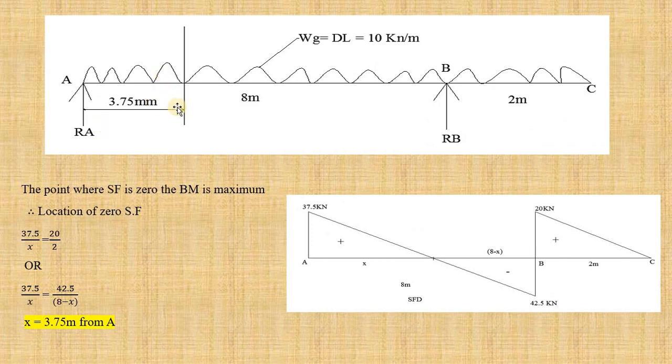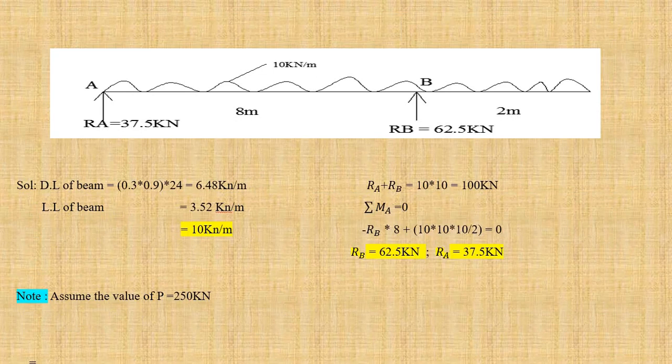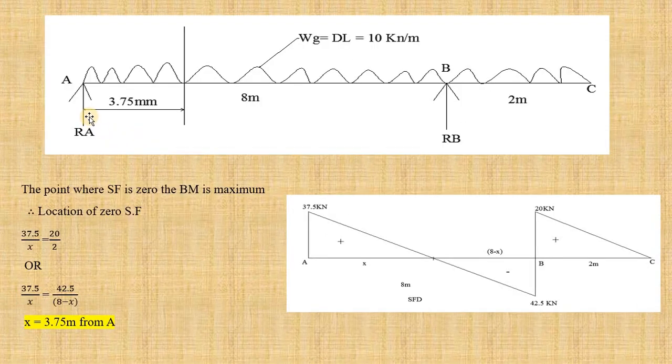So let's go back to the diagram. Now I'm talking about this point. I have taken the moment about this point. So RA is how much? RA is 37.5. So 37.5 into 3.75. It is rotating in a clockwise direction, so it is positive. Here we have a UDL.